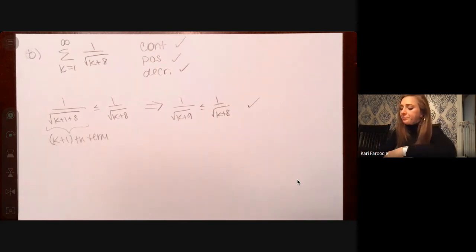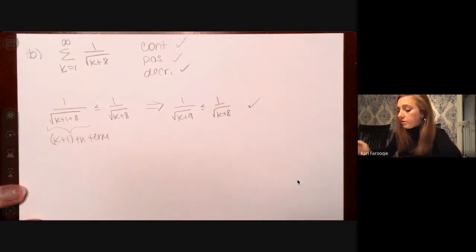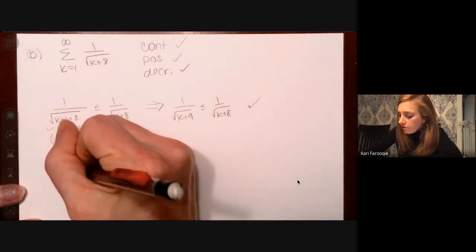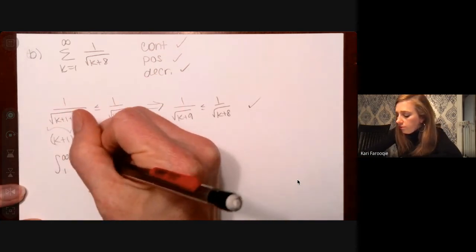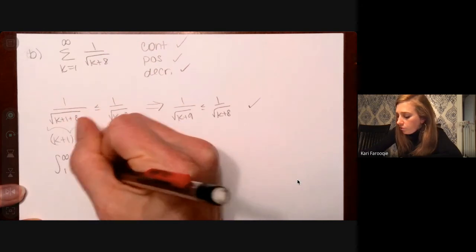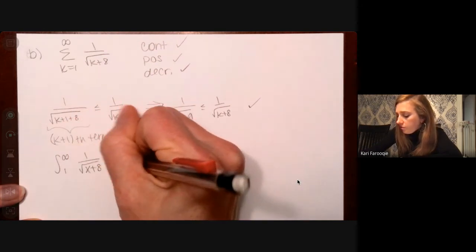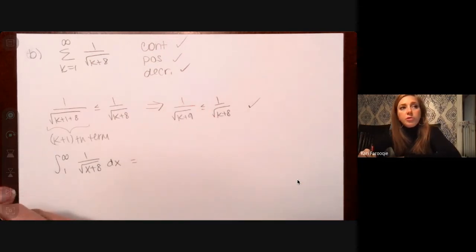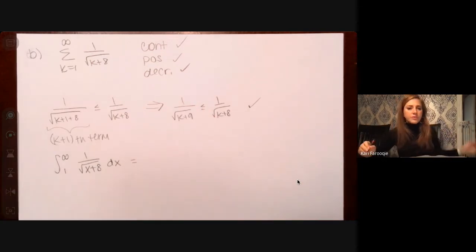Okay. All right, we verified the conditions of the test are met. Now we're going to say that the integral from 1 to infinity of 1 over the square root of x plus 8 dx is going to lead us to our convergence or divergence.